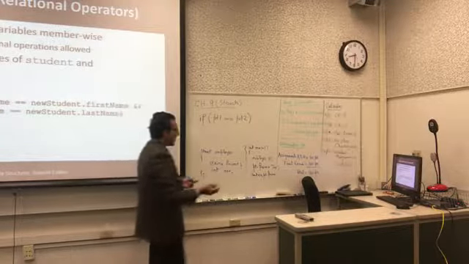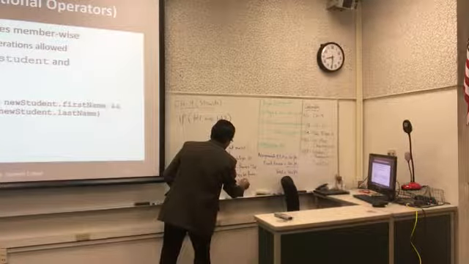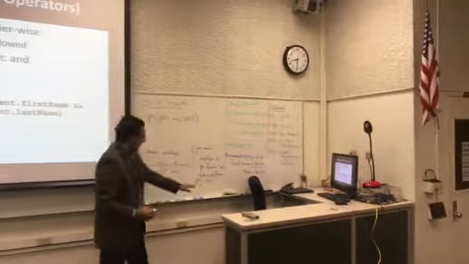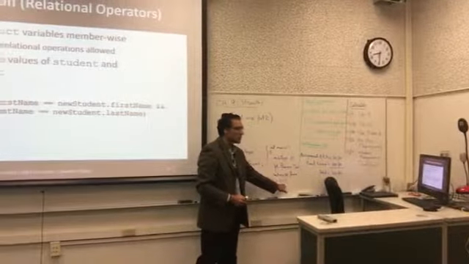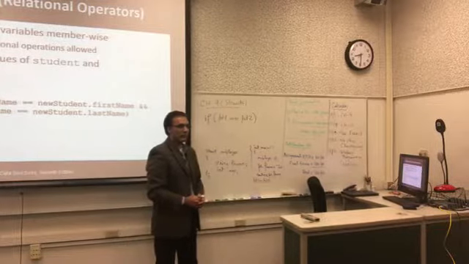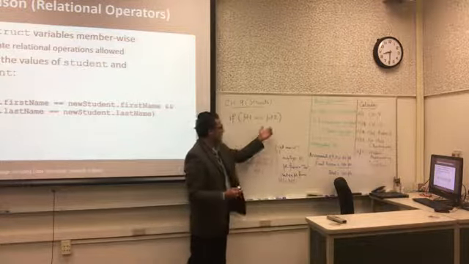And you say, well, why not? Because you said I can do this, part-time 1 equals part-time 2, I can assign the contents of this to this, but how come I cannot check the equality? What do you think? What is the logic of the developers of this language? Why can't I do this?